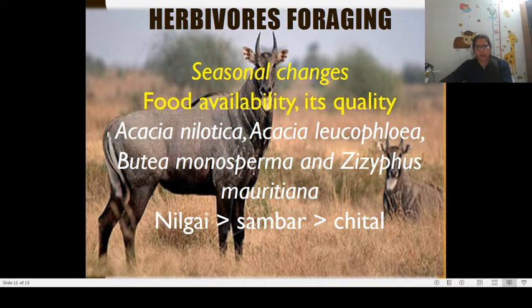We have observed that nilgai can eat any product of the plant, from shoots, pods, leaves or twigs, whereas sambar probably eat bark and cheetal feed upon leaves. So it makes their coexistence successful by reducing the level of competition.